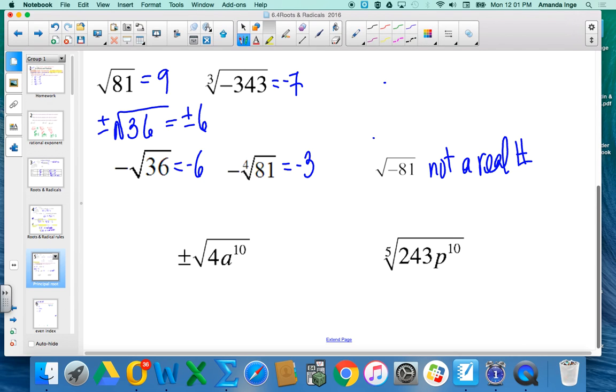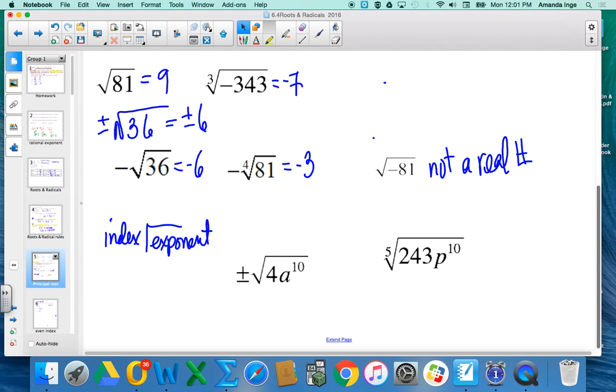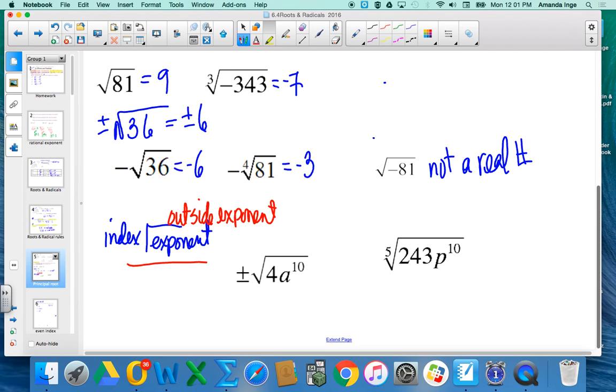The way this works is if you divide the index into the exponent, you get what I call the outside number. And the remainder is what remains inside.